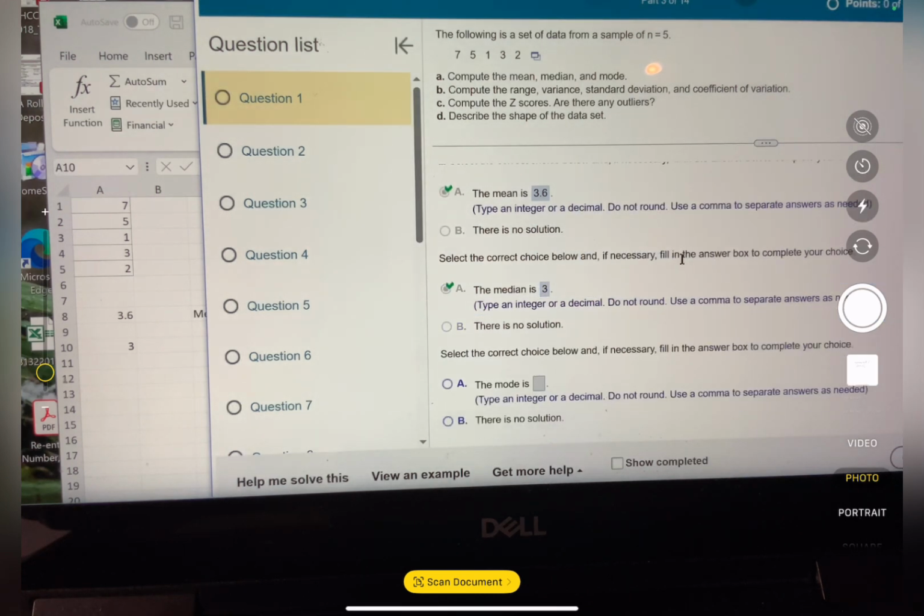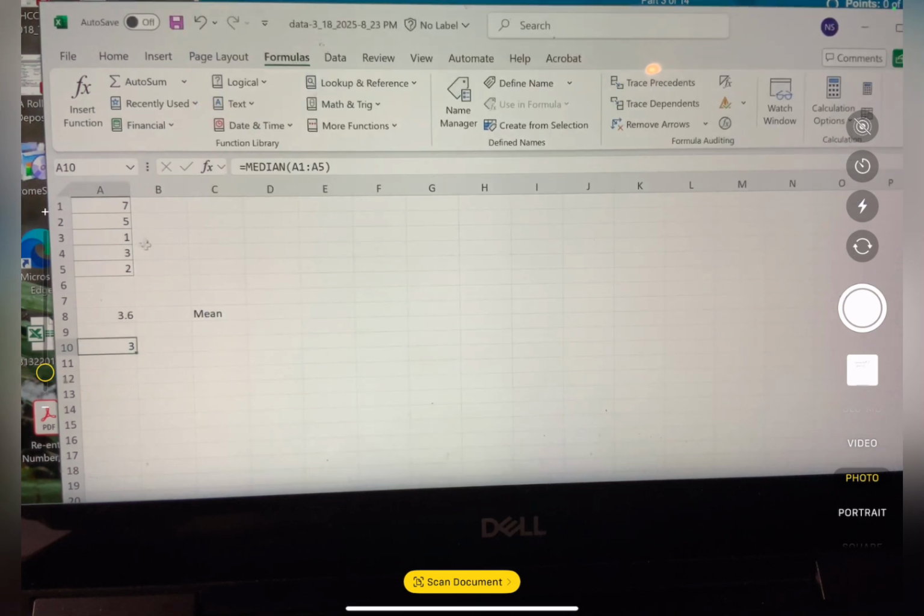What's the difference between mean and median? Take the values we have here: 7, 5, 1, 3, 2. For the median, you arrange the numbers in ascending order. Let me do it by clicking Home.